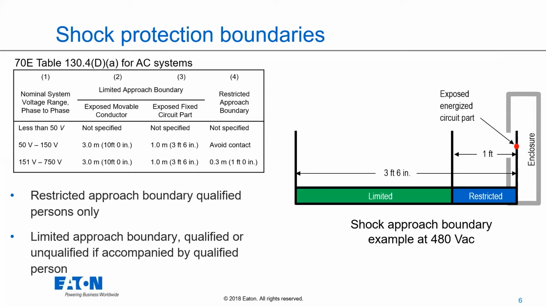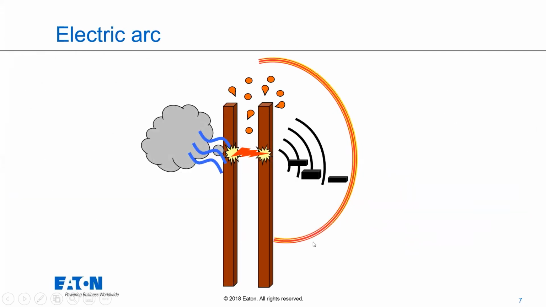And the restricted approach boundary is for qualified persons only. The restricted boundary is slightly smaller than the limited approach boundary. You can see different minimum boundaries depending on your voltage range. Under 50 volts, there's no limited approach value, but above that, various levels of limited and restricted approach boundaries. This is typically how we protect from shock hazards.